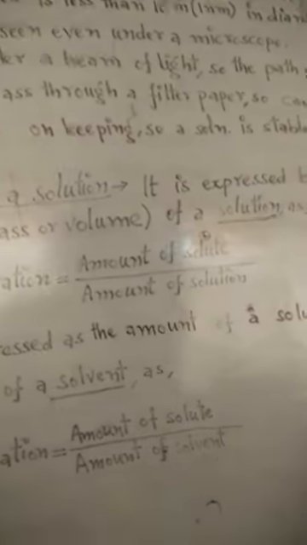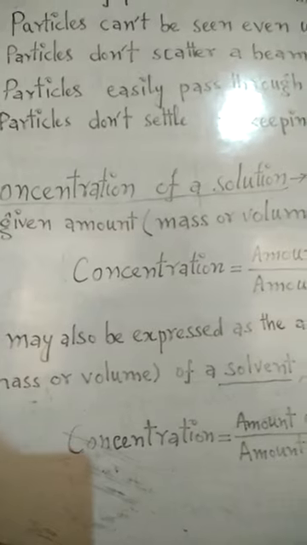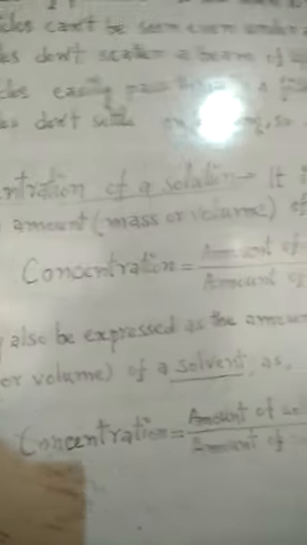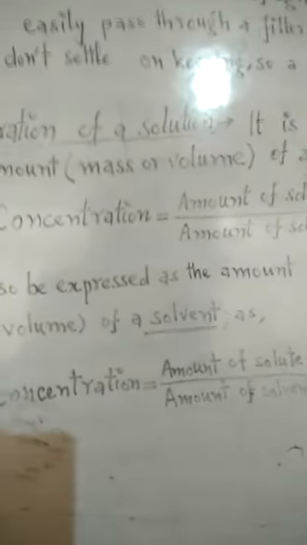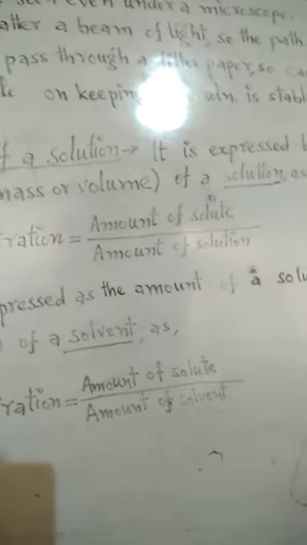Then second topic is concentration of a solution. Concentration of a solution is expressed by the amount of solute present in a given amount. It may be mass or volume of a solution, as concentration is equal to amount of solute divided by amount of solution.